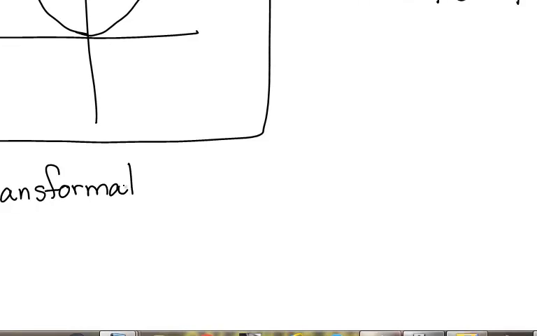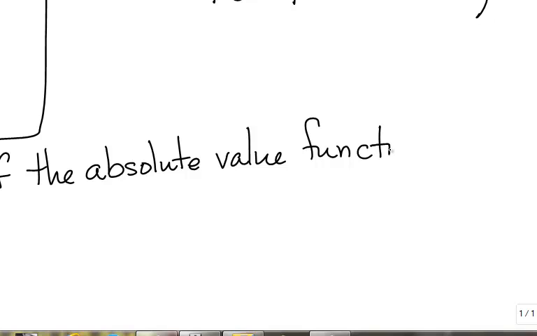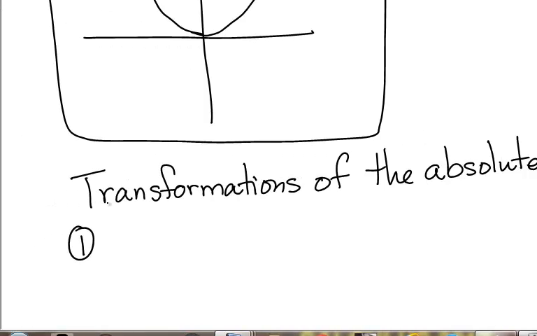There are also going to be some other transformations of the absolute value function. We're going to do them on the calculator. You can do them by hand, but we're going to do them on the calculator.